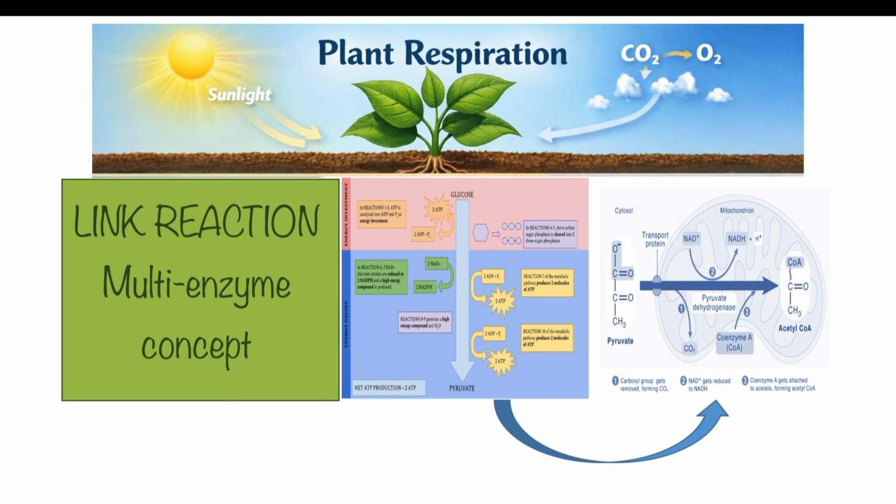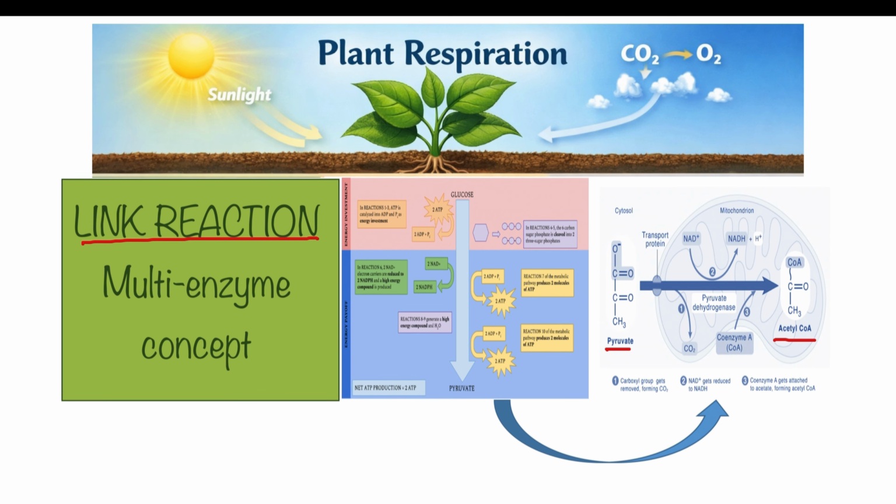In this part of our discussion, we will discuss the fate of pyruvate in aerobic respiration. Pyruvate, a 3-carbon compound, is converted to a 2-carbon compound through a link reaction. Therefore, conversion of pyruvate to acetyl coenzyme A is commonly known as a link reaction.